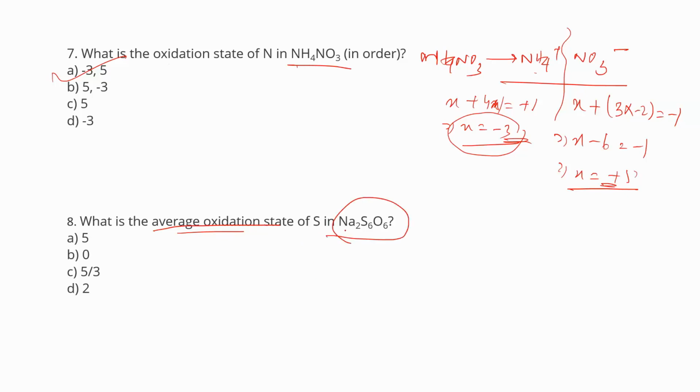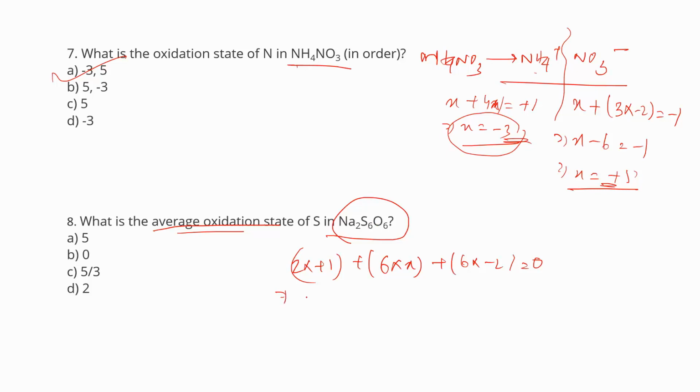We know that sodium gives +1, because it is an alkali metal. So 2 times +1; we do not know the oxidation state of the sulfur, so let us consider it as X. So 6 times X, and oxygen will give -2, 6 times -2, equal to 0. Here you see the oxygen is attached to sulfur, and we know that oxygen is more electronegative than sulfur, so oxygen gives -2 oxidation.